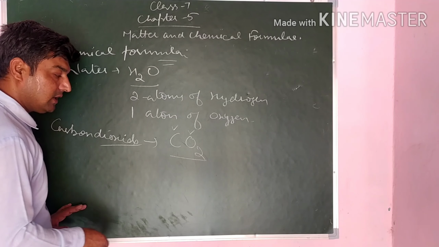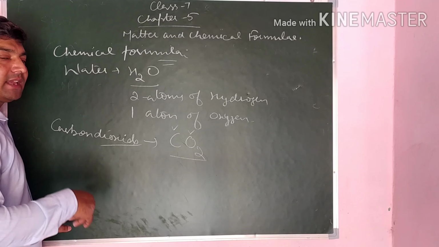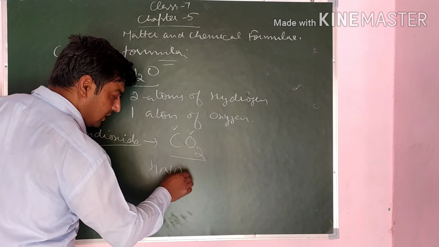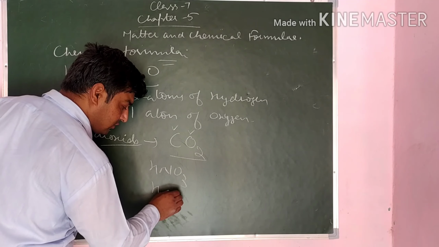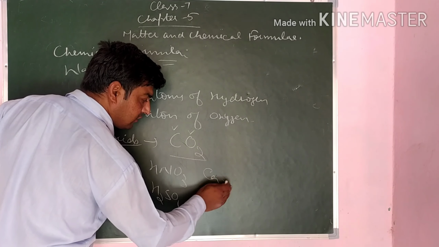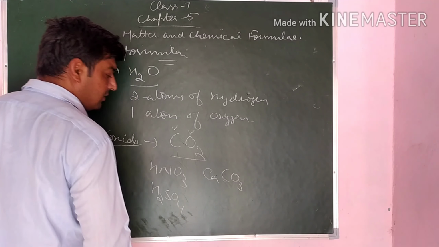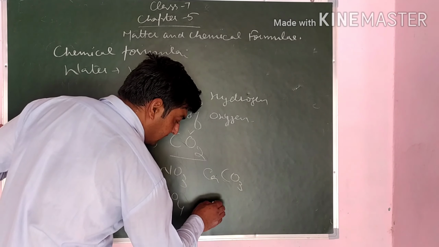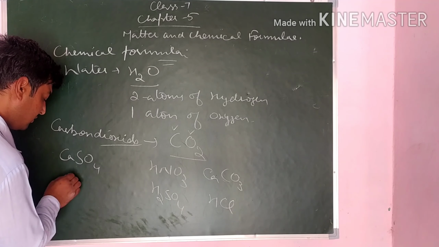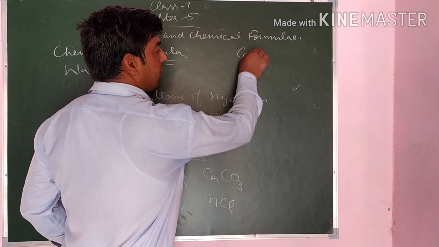So similarly, we have other molecules or compounds that can be written as a chemical formula or symbolic form. We have nitric acid HNO3, sulfuric acid H2SO4, calcium carbonate CaCO3, HCl, calcium sulfate, copper sulfate, calcium chloride.